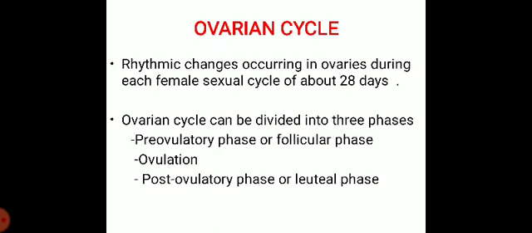The ovarian cycle can be divided into three phases: the pre-ovulatory phase or follicular phase, ovulation, and the post-ovulatory phase or luteal phase.